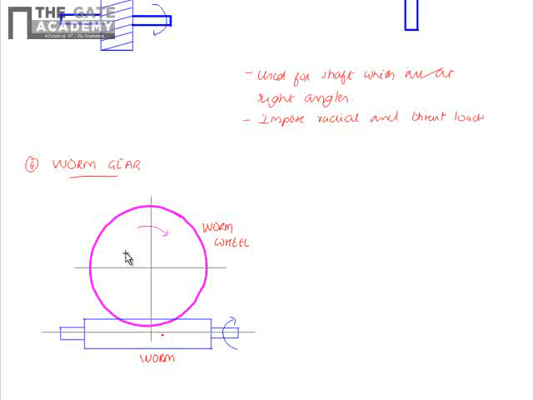Now here this is a different application. Here you can see that axes are not intersecting, are non-intersecting, and they are perpendicular to each other.